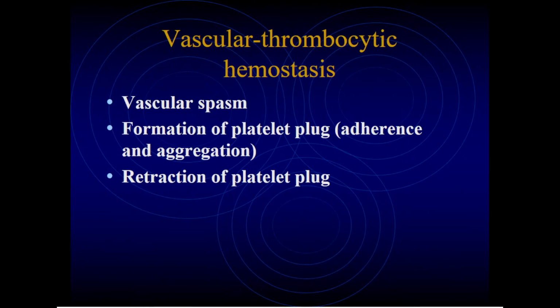These are the phases of vascular thrombocytic hemostasis. Vascular spasm, the reflex constriction of the vascular wall due to epinephrine, norepinephrine, and serotonin. Simultaneously, formation of platelet plaque is initiated due to adherence and aggregation, reversible, then irreversible due to thrombin, and finally retraction of platelet plaque due to thrombostenin.